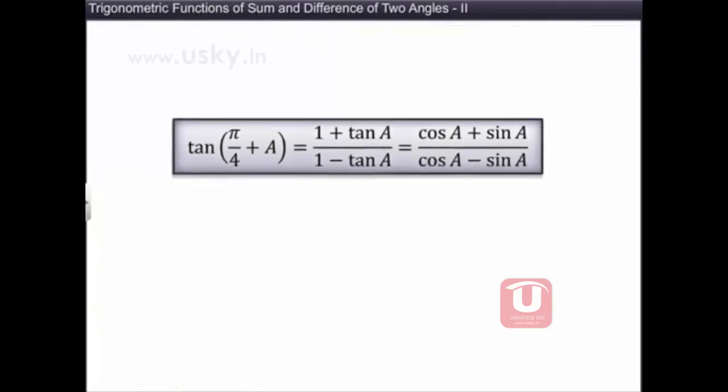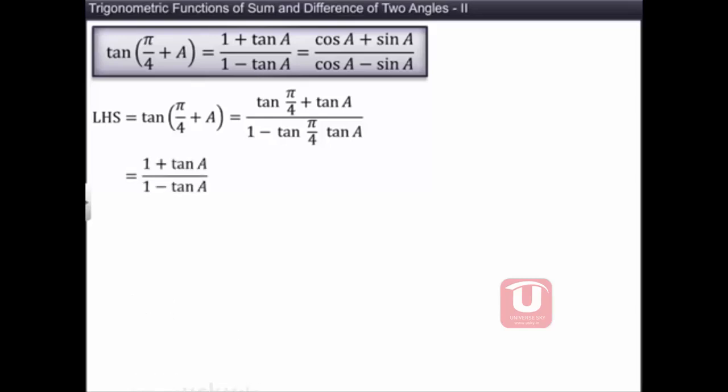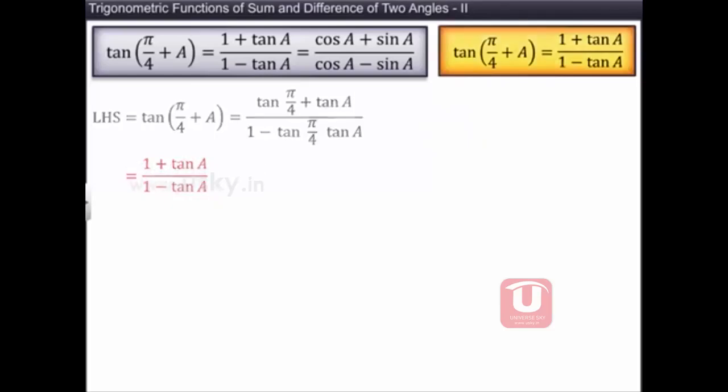Now let us prove the last result. Using the formula tan of A plus B is equal to tan A plus tan B divided by 1 minus tan A into tan B, tan pi by 4 plus A is equal to tan pi by 4 plus tan A divided by 1 minus tan pi by 4 into tan A. This is equal to 1 plus tan A divided by 1 minus tan A, as tan pi by 4 is equal to 1.